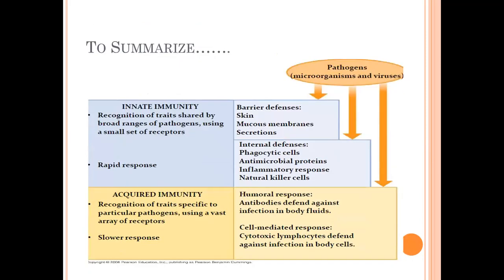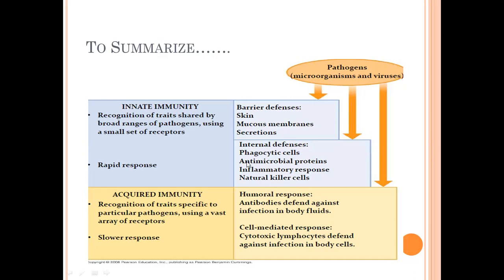To summarize, whenever there is a pathogen, we have two types of immunity: innate immunity and acquired immunity. Innate immunity is recognition of traits shared by broad ranges of pathogens, and it is a rapid response. Its first line is barrier defense by skin, mucous membrane, and secretions. The second is internal defenses: phagocytic cells, antimicrobial proteins, inflammatory response, and natural killer cells.